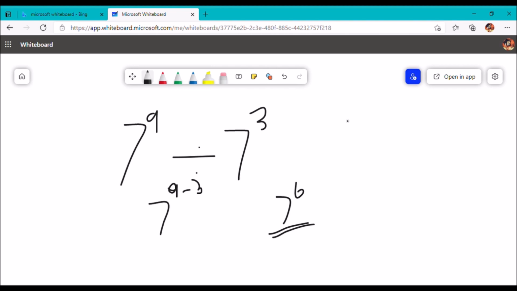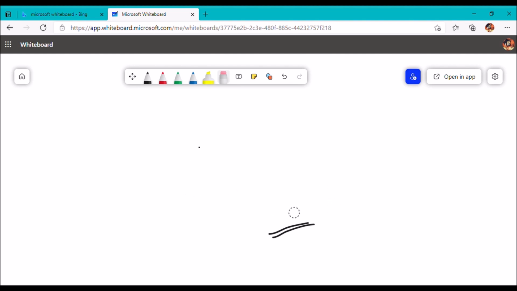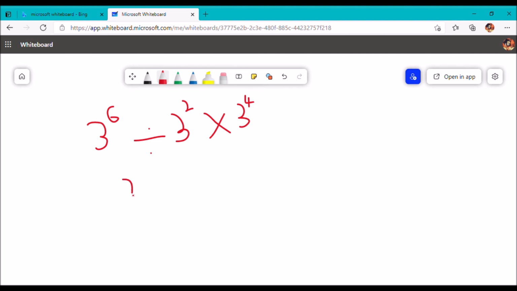So let's do another question. So it is 3 to the power 6 divided by 3 to the power 2 times 3 to the power 4. So we must just write the indices like this.